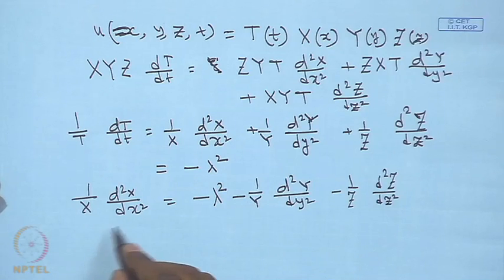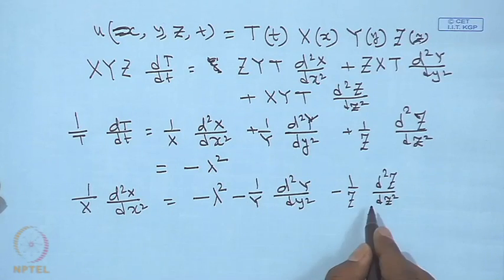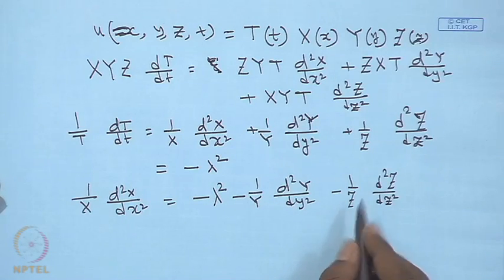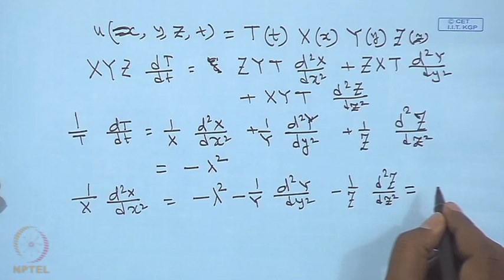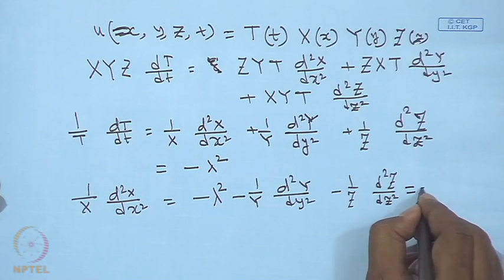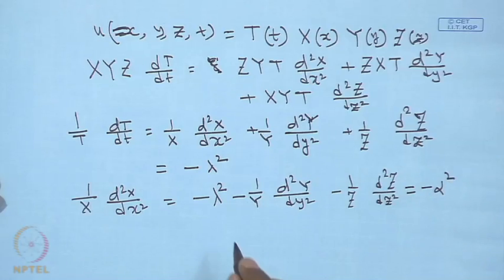Now, again the left hand side is a function of x alone, the right hand side is a function of y and z only, and they are equal, again they will be equal to some constant. If this constant is 0 and positive, you will be getting a trivial solution, that is not allowed. So, therefore, this constant has to be a negative constant. Let us put it as minus alpha square.